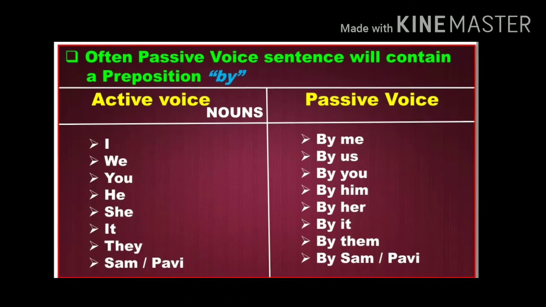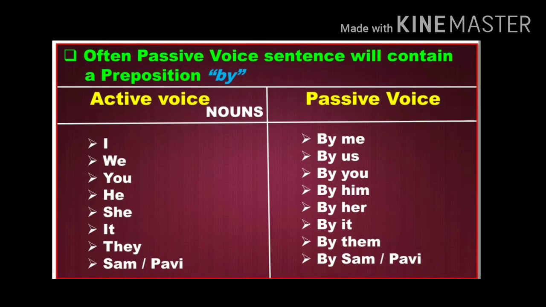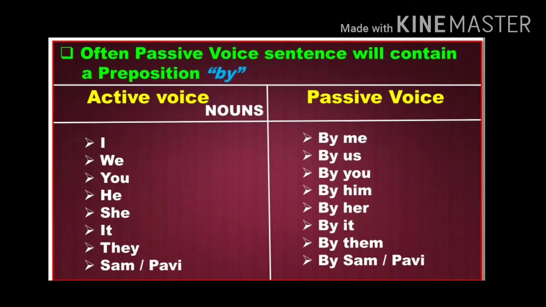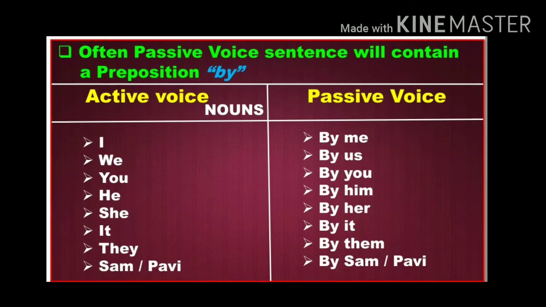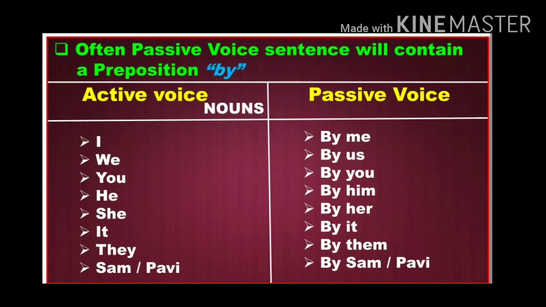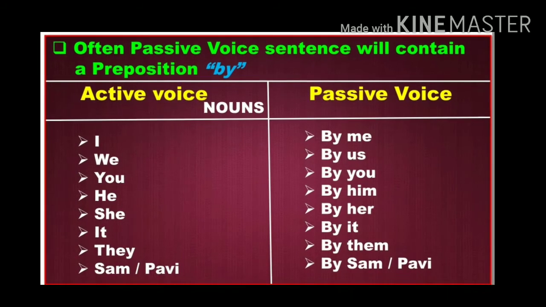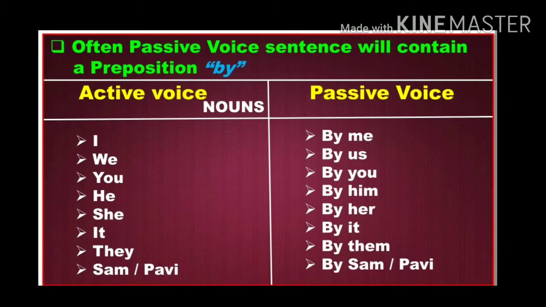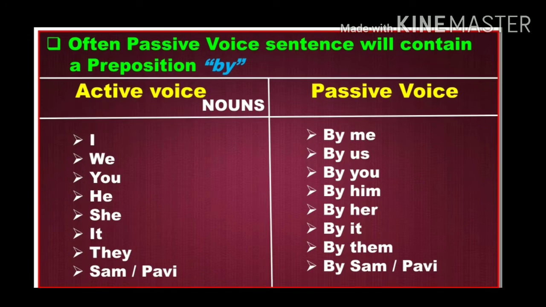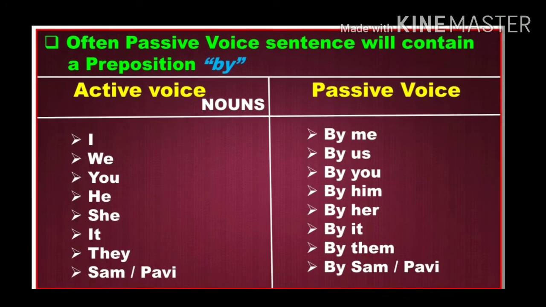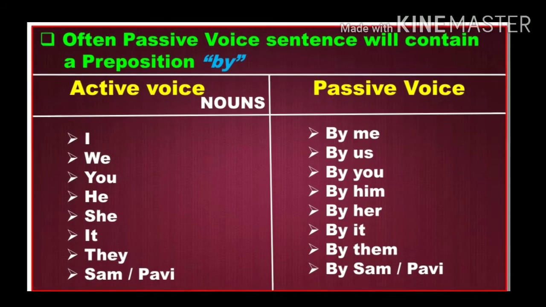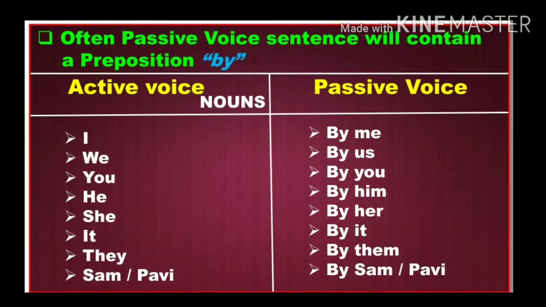Now we see the changes of the nouns when it goes from active to passive voice. Before that, please remember, a passive voice sentence will contain the preposition by. Got it? Okay. The noun I in the active voice will come as by me in the passive voice. We will change as by us.